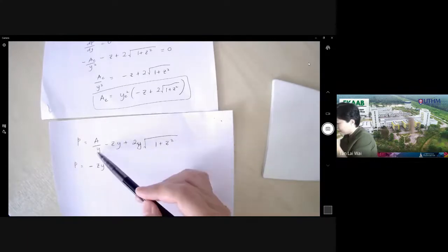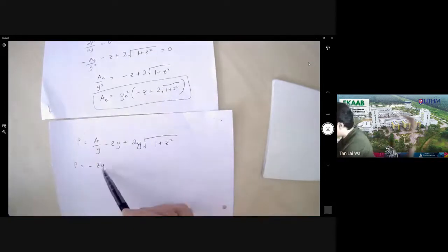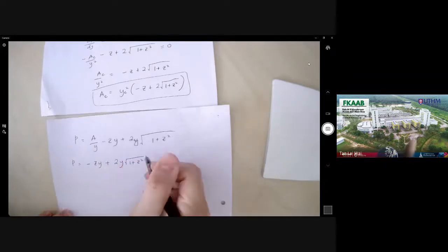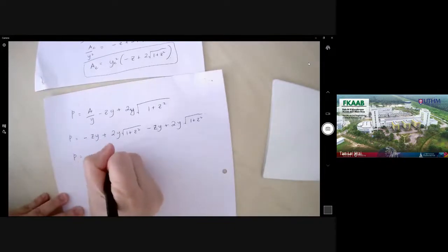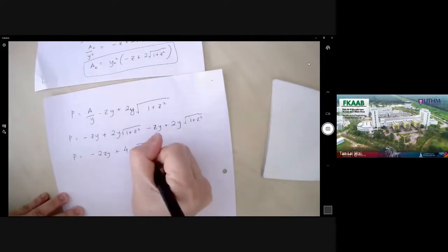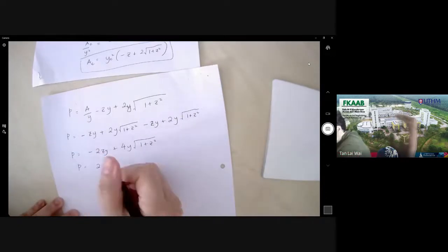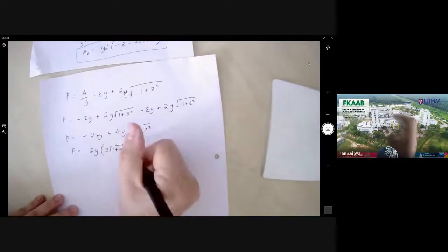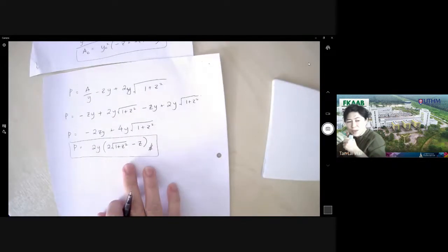Then I multiply my y with minus Z and with this expression, so I'm going to have this. So this is the expression of my wetted perimeter.